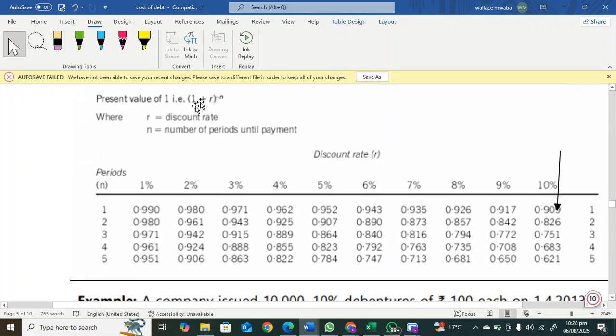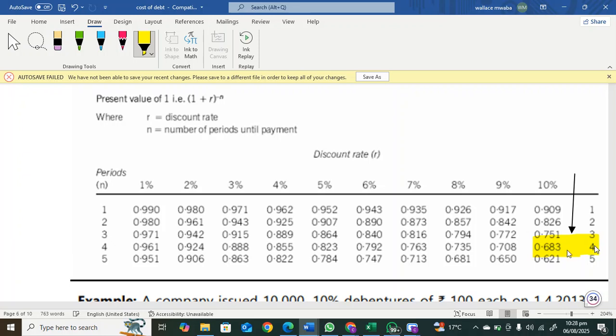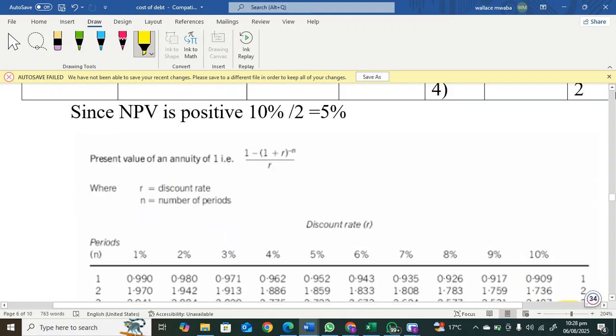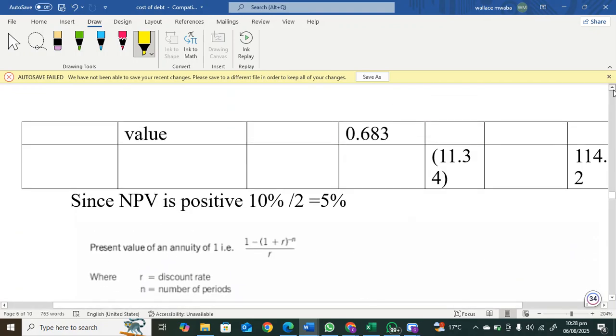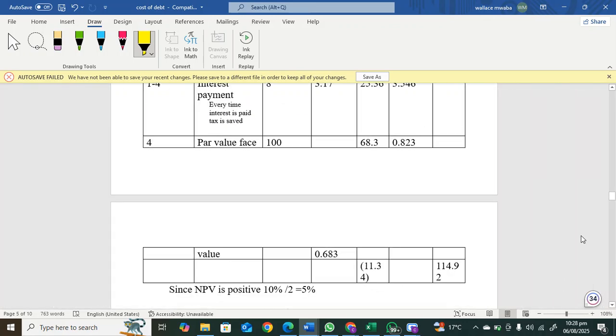You look at the formula on top. This is for the present value. You come to the discount rate of 10%, then you look for year four. Year four is here, so our present value factor is 0.683. That's what I've put there.